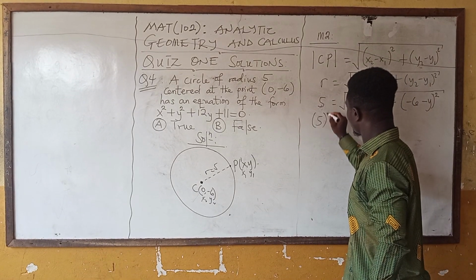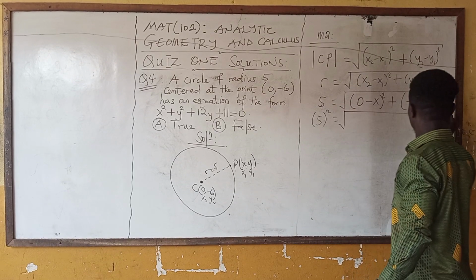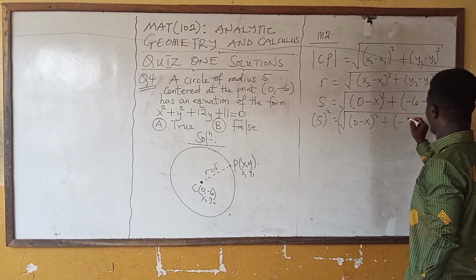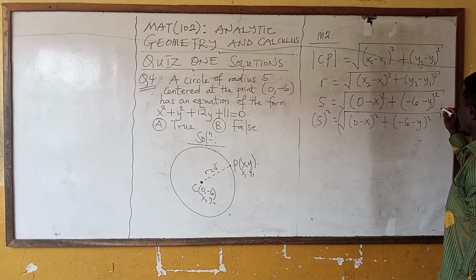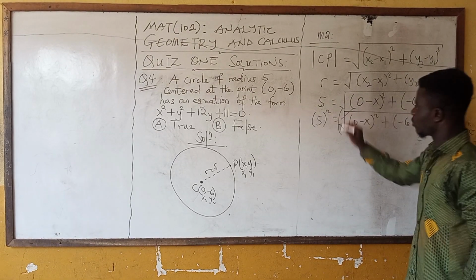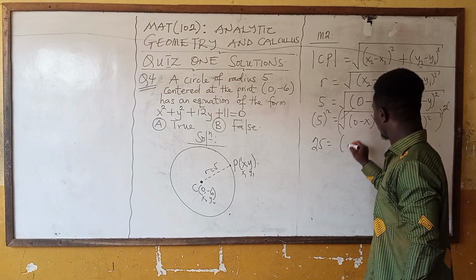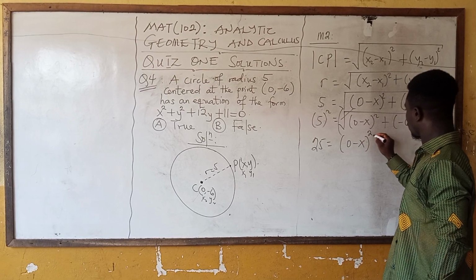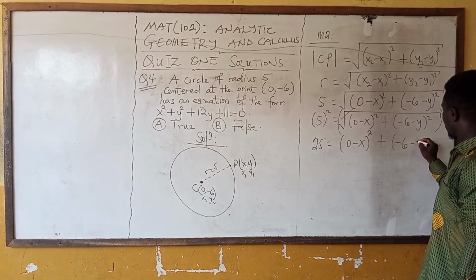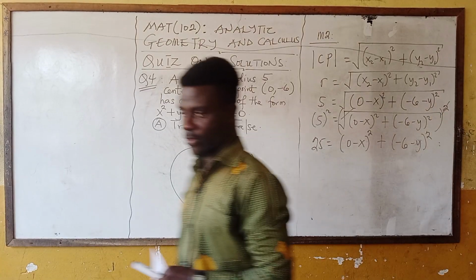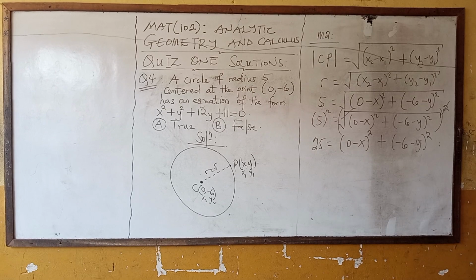So I have 5 all squared being equal to the square root of (0 minus x) all squared plus (negative 6 minus y) all squared. Taking away the square root, 5 squared gets 25 equals (0 minus x) all squared plus (negative 6 minus y) squared. So we have this.